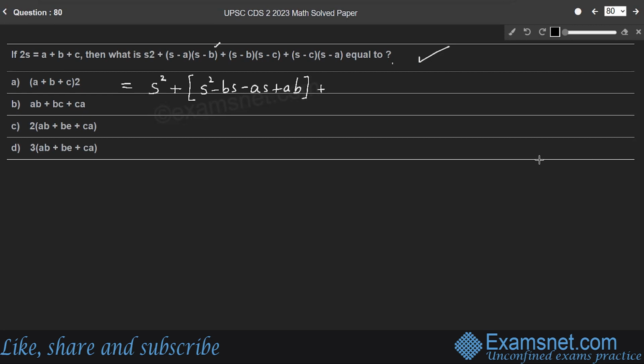Expand the second term, s minus b into s minus c. We have s square minus cs minus bs plus bc. Expand the third term, which is s minus c into s minus a, which is s square minus as minus cs plus ac. Now we'll club all the s squares: s square plus s square plus s square plus s square, we have 4s square.